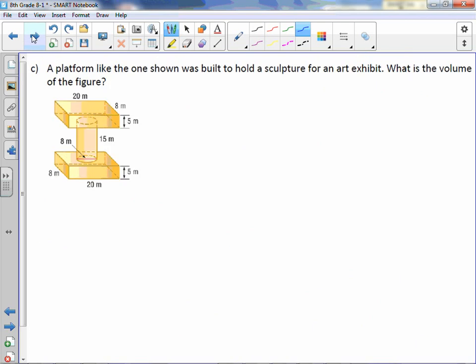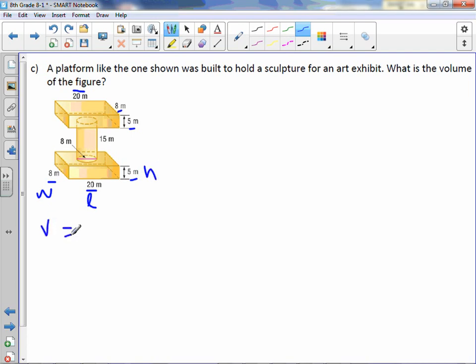A platform like the one shown was built to hold a sculpture for an art exhibit. What is the volume of the figure? So it looks like this top rectangular prism and bottom rectangular prism are the same. They have a length of 20, a width of 8, and a height of 5.